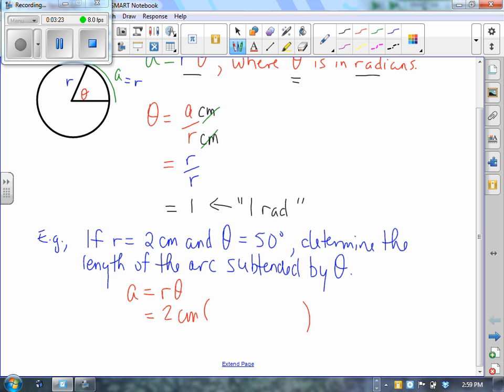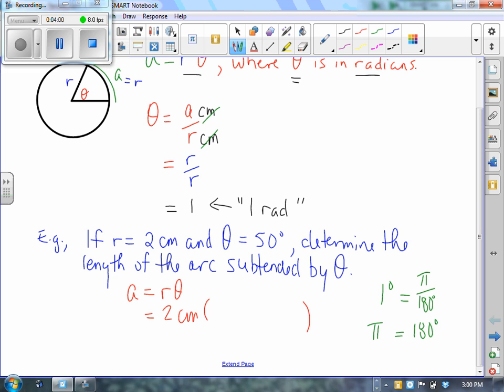So remember that 1 degree has a particular relationship with respect to the circle. And that particular relationship is the following. So for instance, we know that pi is equal to 180 degrees, or at least that is the equivalency. So if we were to determine 1 degree of measure, then we would have to take pi and divide it by 180 degrees.